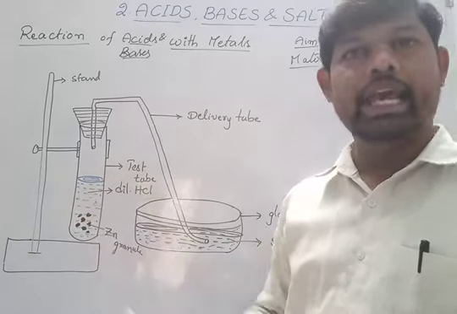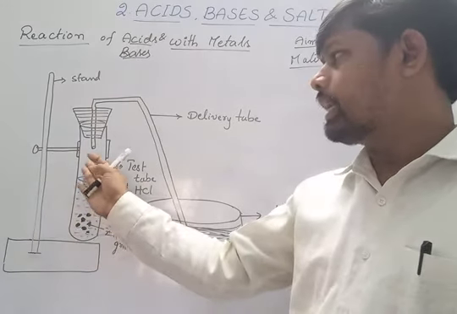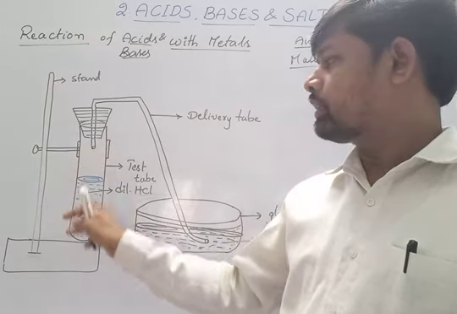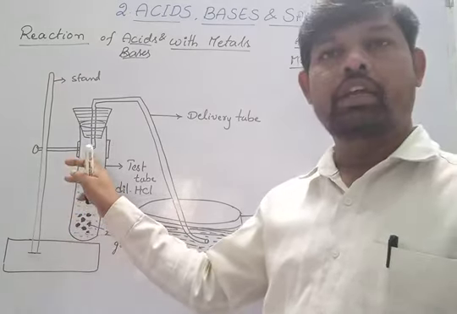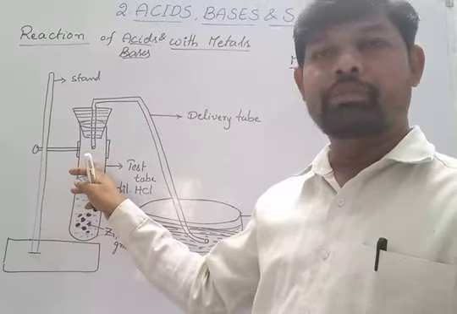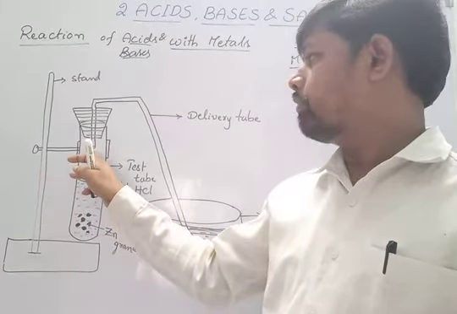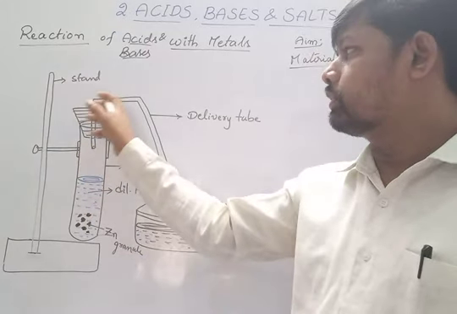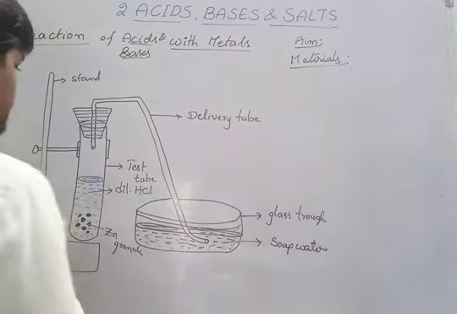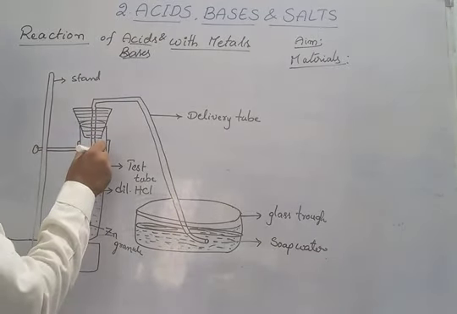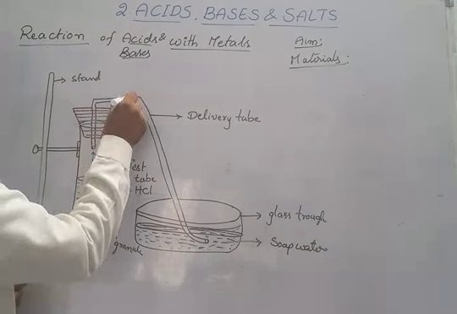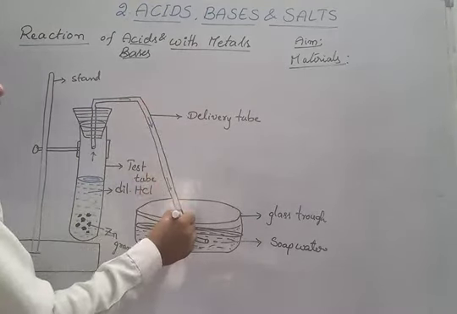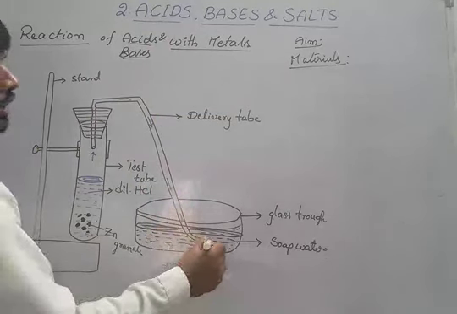If any gas is produced, it tries to escape from the test tube. There is a way through this delivery tube. This gas comes out like this and enters the soap water.